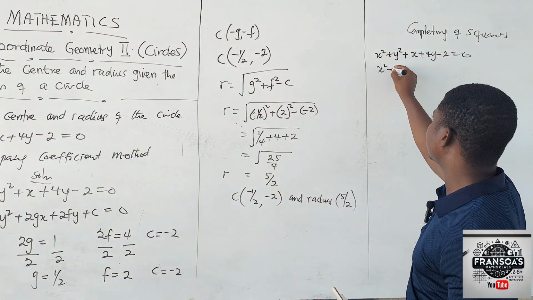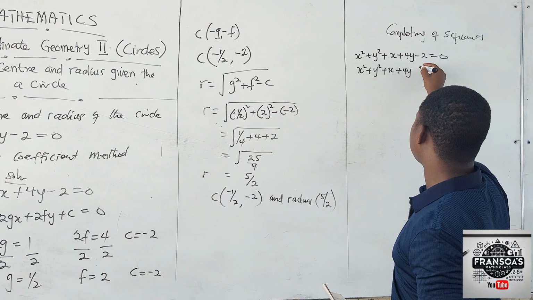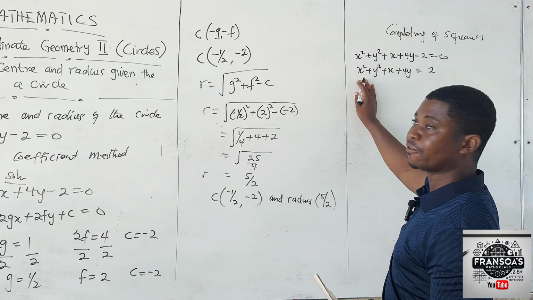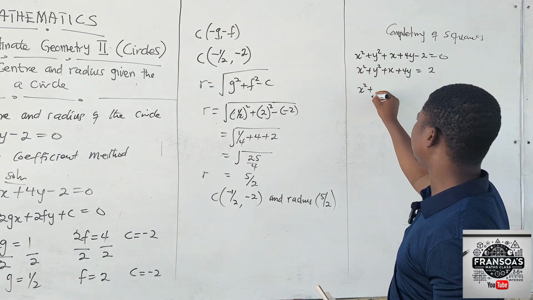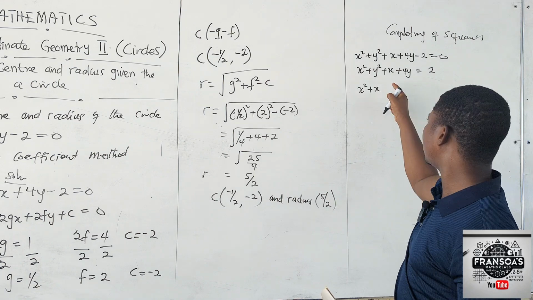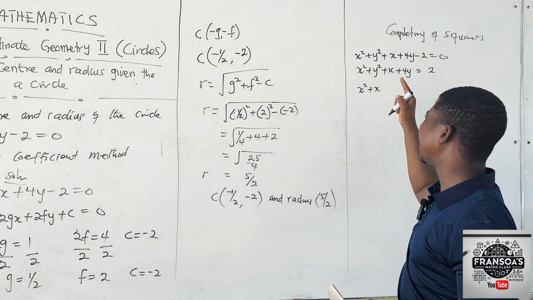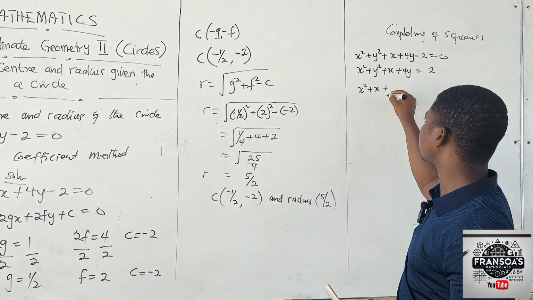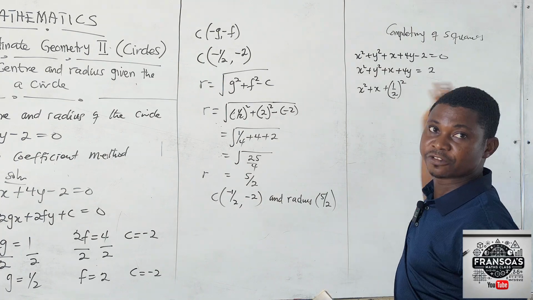We have x squared plus y squared plus x plus 4y is equal to 2. Now we look at the x variables. We have x squared plus x. The coefficient of x is 1, so we find half of 1, and that's half. So we add the square of half. We'll do it to both sides.